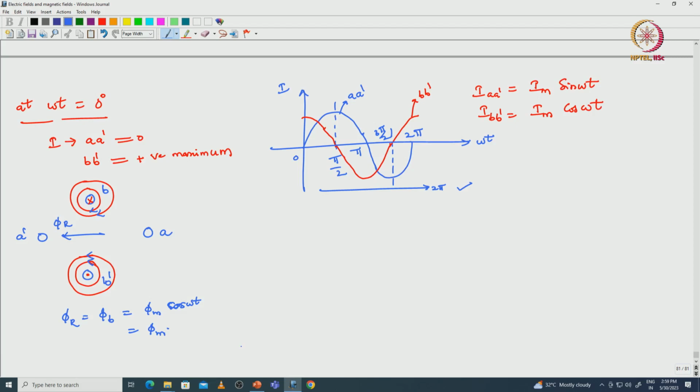Now we will see omega t equals 90 degrees. Before going to 90 degrees, first we will see 45 degrees, or pi by 4. The current to coil A dash is positive, and the B dash coil is also positive.